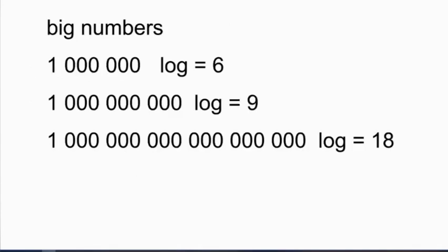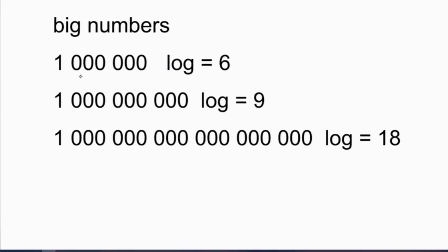So here's some really big numbers. The first number I see there is a million, one with 6 zeros. And with the 6 zeros, that has a log value of 6.